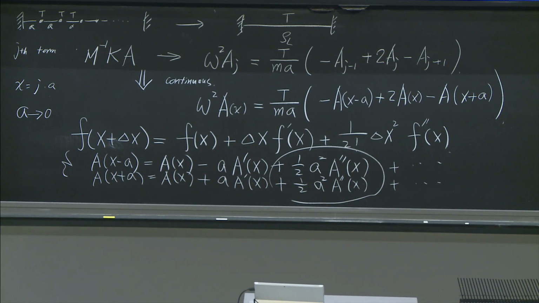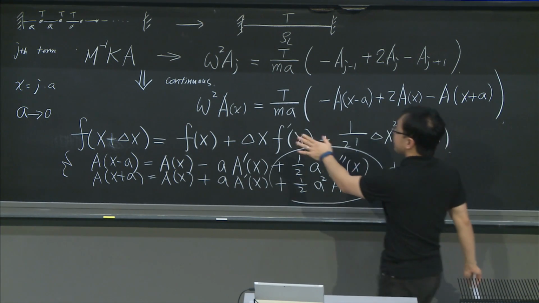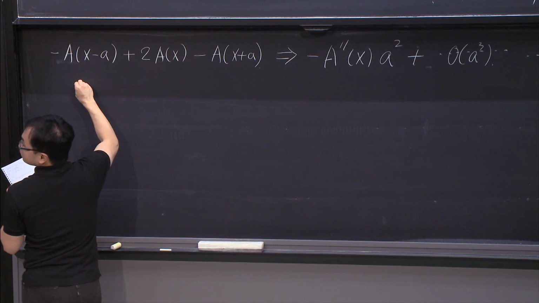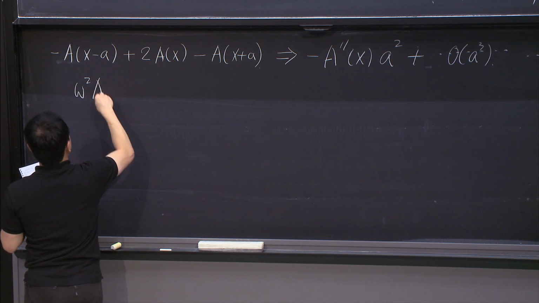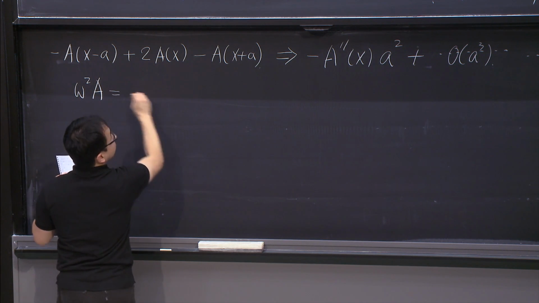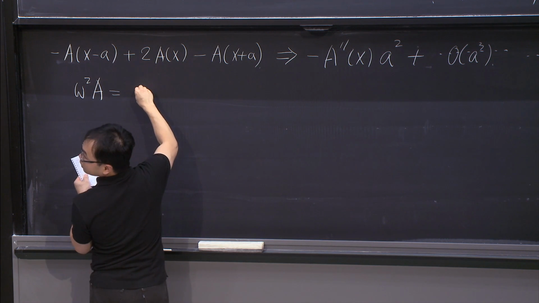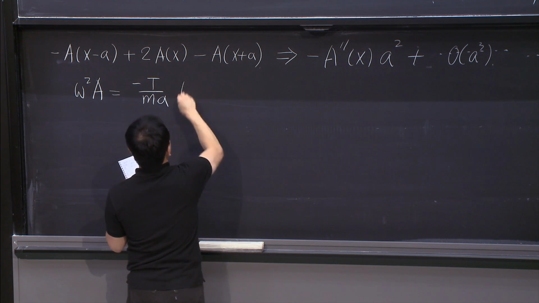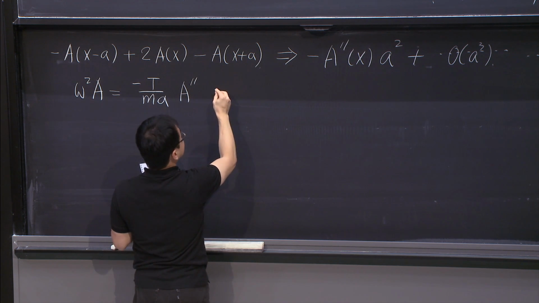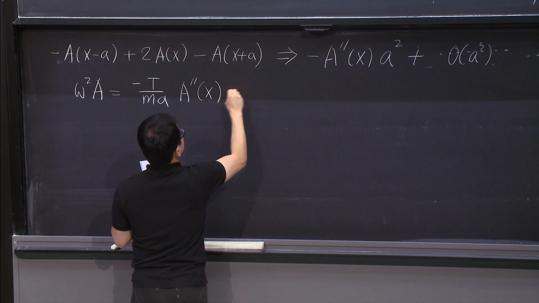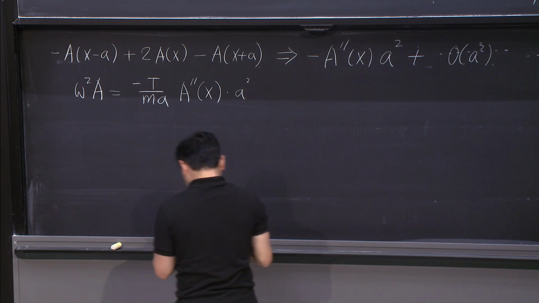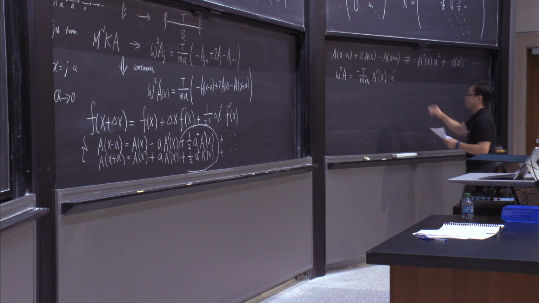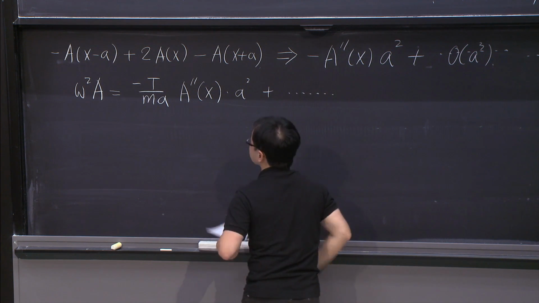Now, if we go back to this equation, omega squared a will become basically t over n minus t over n a double prime x times a squared, plus some higher order terms.